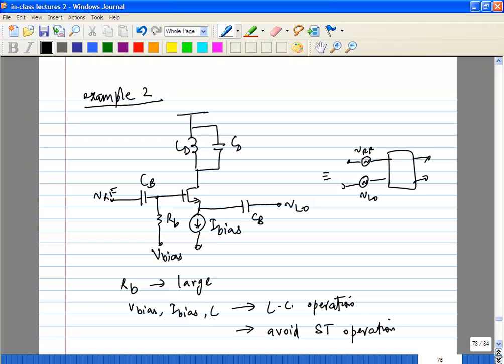As far as the signal is concerned, the transfer function of the transistor itself depends only on VGS. Remember that this was f of Vn.